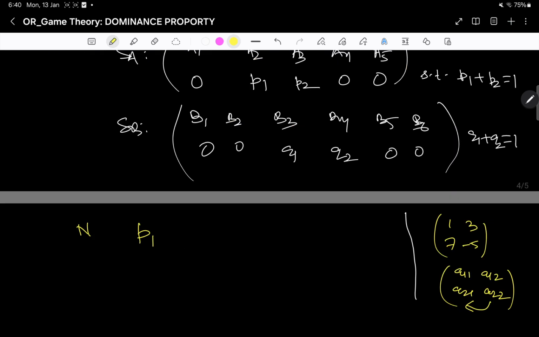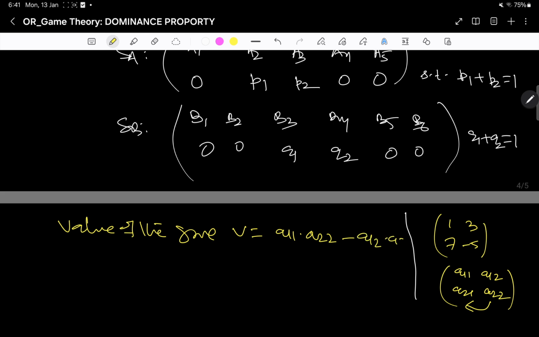Now first you come to the value of the game. V is equal to A11 into A22 minus A12 into A21 divided by lambda.